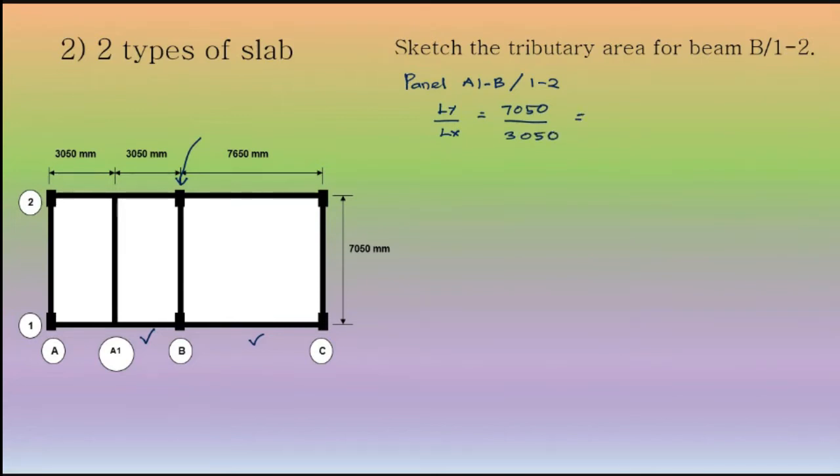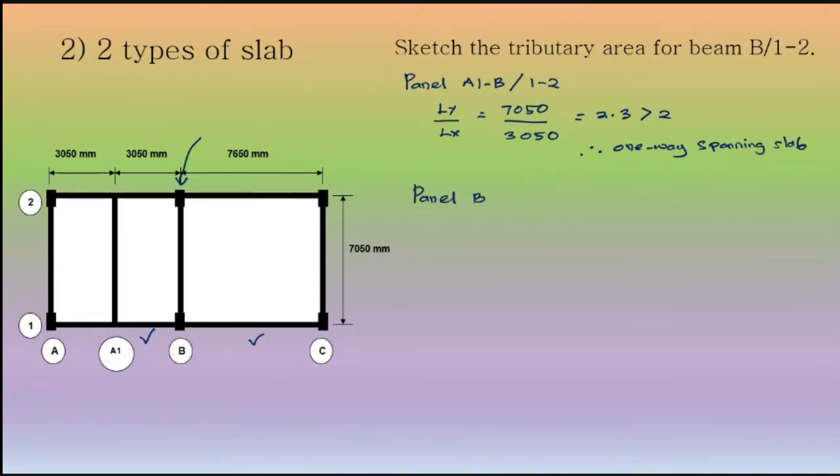So berapa dapat? 2.3. Okay, 2.3 more than 2, right? So this is more than 2, one way. Macam tu, one way spanning slab.